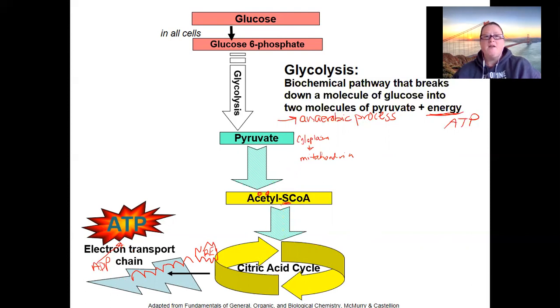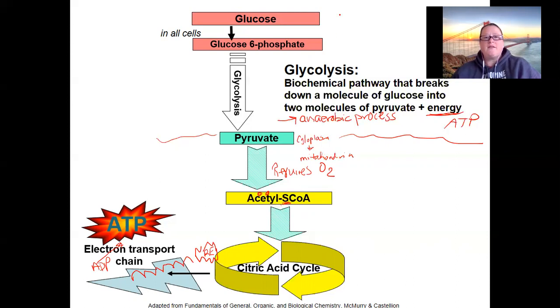Okay, so this process, actually everything beyond the production of pyruvate, requires oxygen. It requires oxygen.